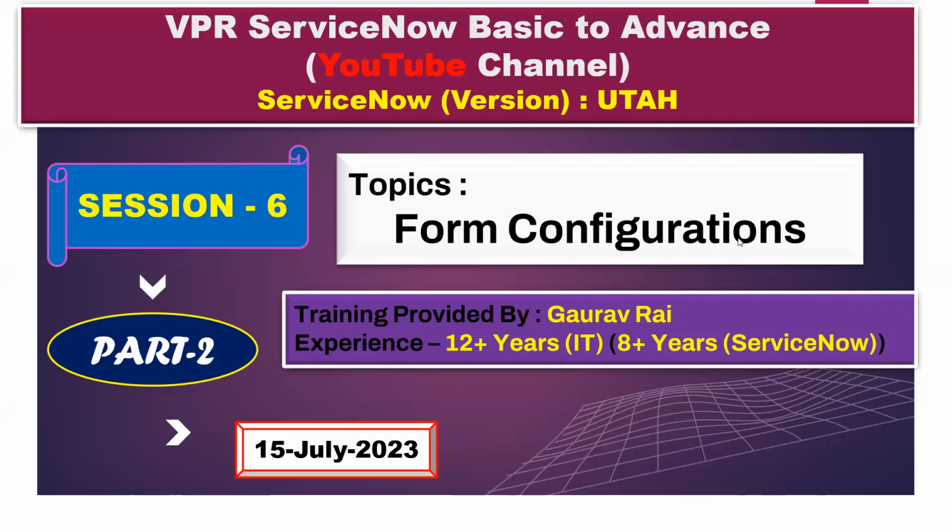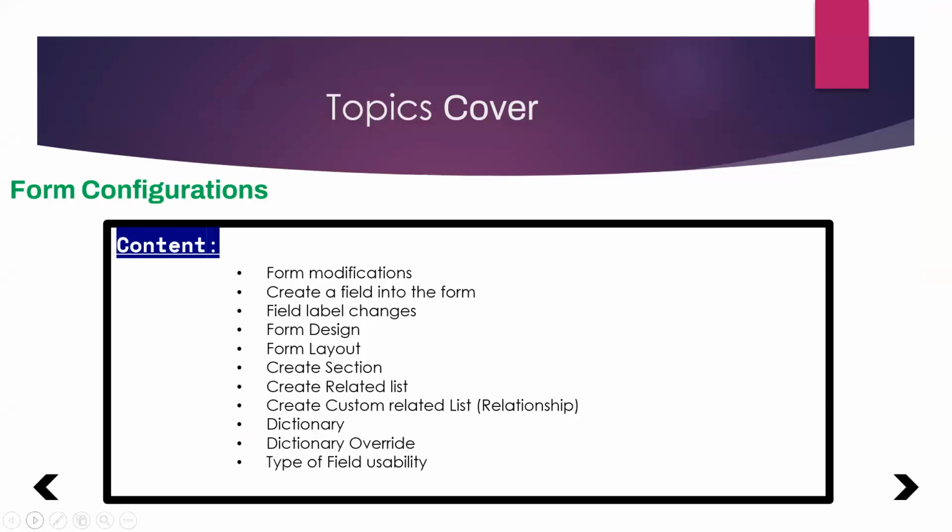So this is the second part. We are going to discuss the pending topics in form configuration. So we have covered some label changes, and the relationship between the task and parent-child relationship: if I make changes to the child, how it will reflect to the other children also, because that field belongs to the task table, correct?